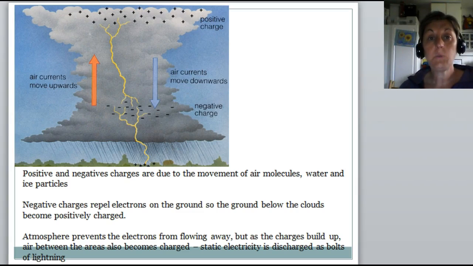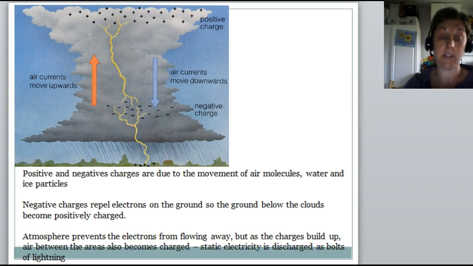When we talk about static electricity, there's static discharge. One of the most dramatic examples of this discharge, sometimes you see it as a little spark, but the most dramatic spark is lightning. Lightning is a static electric discharge. In a thundercloud, there are positive and negative charges, and it's due to the movement of air molecules, water and ice particles in the cloud, all rubbing together.